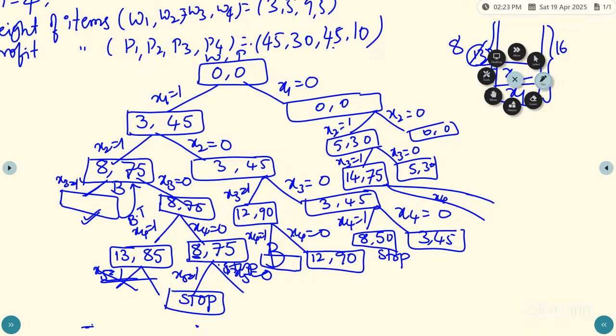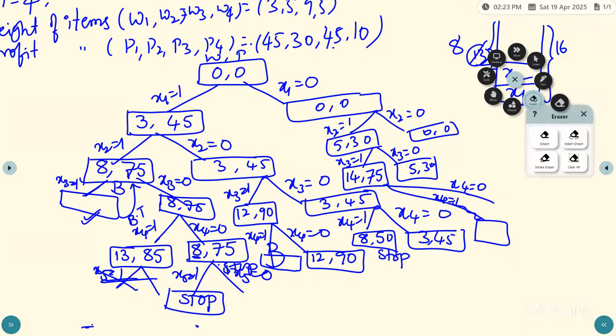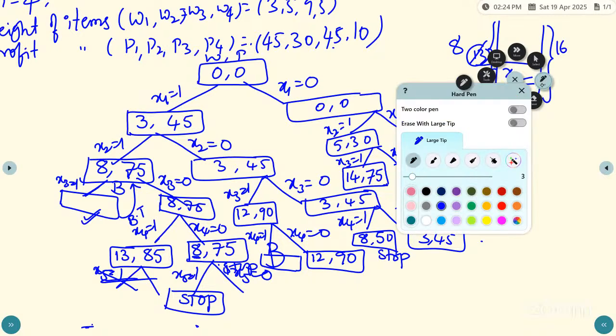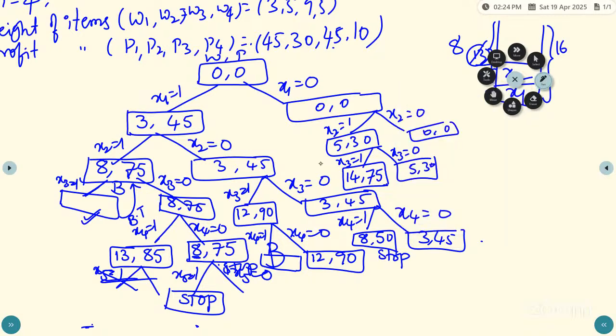Now the fourth item: X4 selected or not selected. If it is selected, 14 units are already filled and the fourth item's weight is 5 units, so we cannot do it. Only 2 units are left. So X4 may be selected, X4 may not be selected.